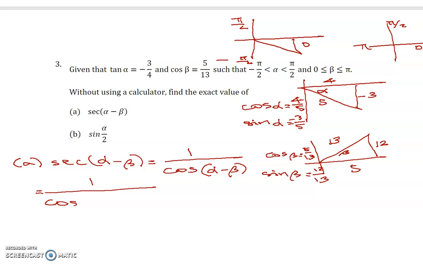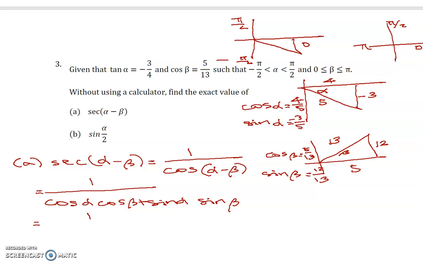So the subtraction formula is cos alpha cos beta, and this is minus, so it should be plus sine alpha sine beta. Please excuse my writing. I don't know why it is this bad. Never mind.